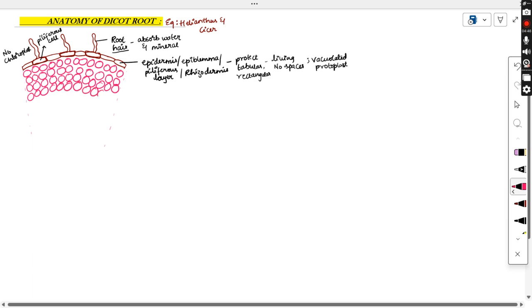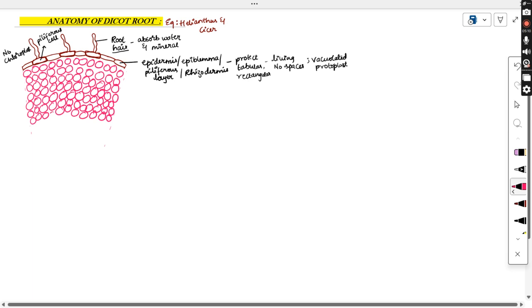Below the general cortex, a layer surrounds the pericycle or the stele. We call it the endodermis. So generally the cortex region of the root contains three parts: the exodermis, the middle layer, the general cortex, and the third layer, the endodermis.